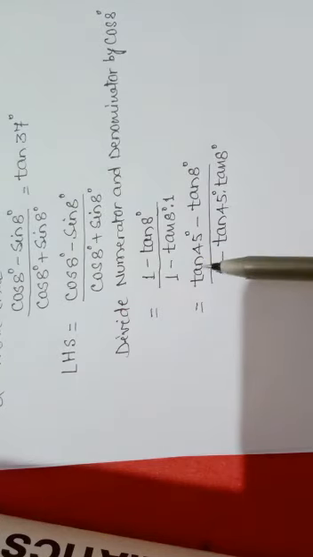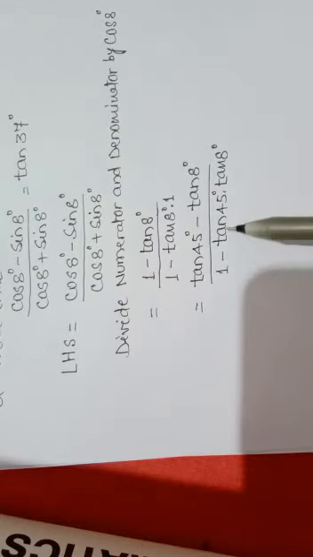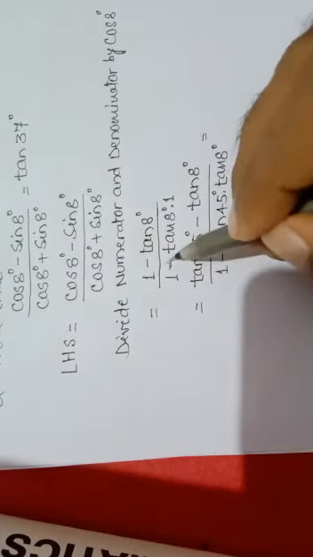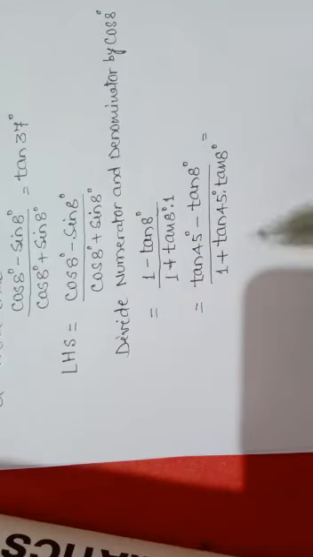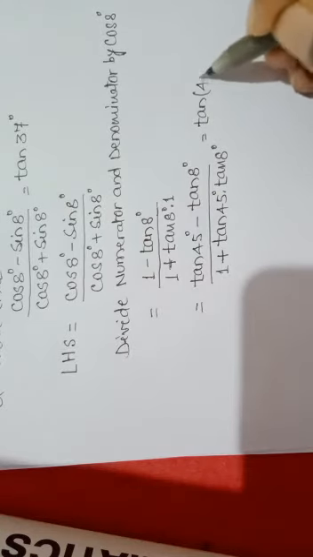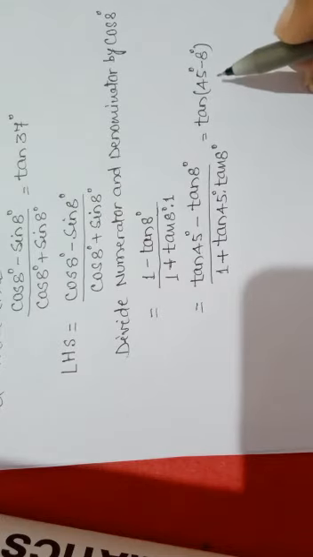Again it reduces to the formula tan A minus tan B divided by 1 plus tan A into tan B, which is equal to tan A minus B, means tan 45 degree minus 8 degree, and 45 minus 8 is 37.